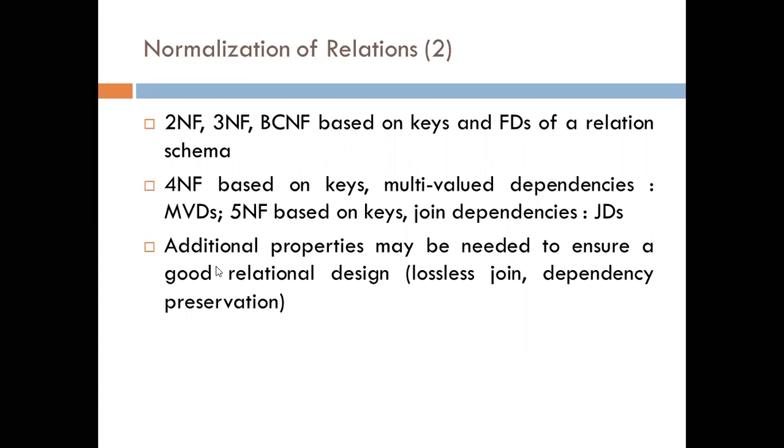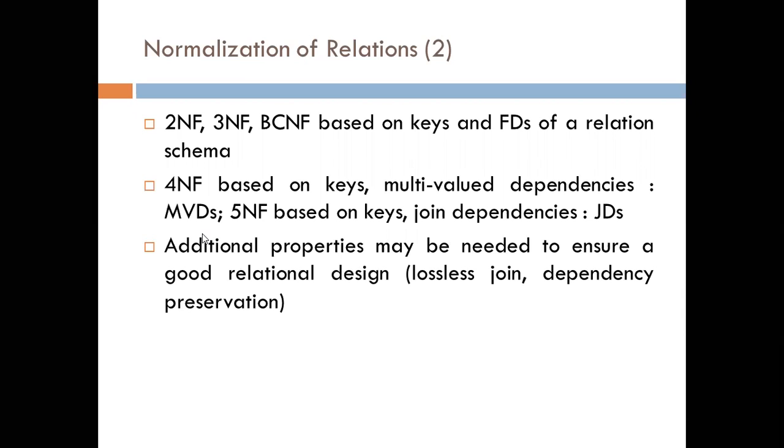So additional properties may be needed to ensure a good relational design, that is the lossless join and dependency preservation. A set of functional dependencies is given for each relation, and each relation has a designated primary key.